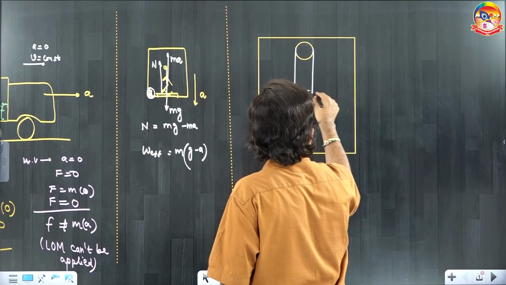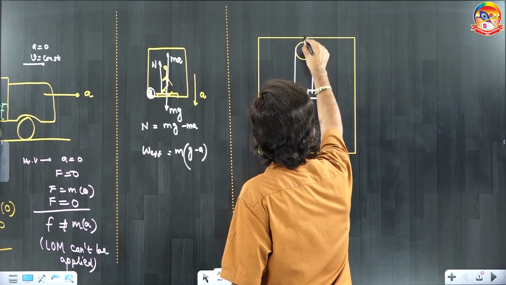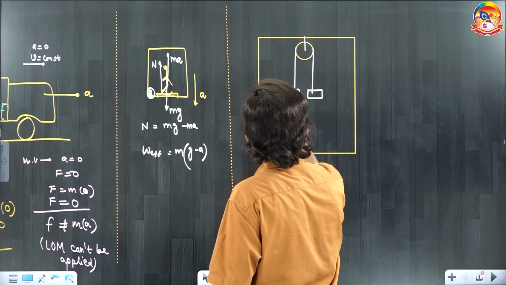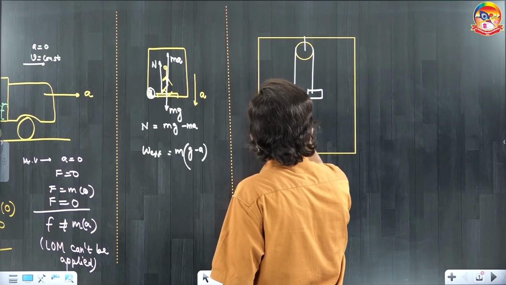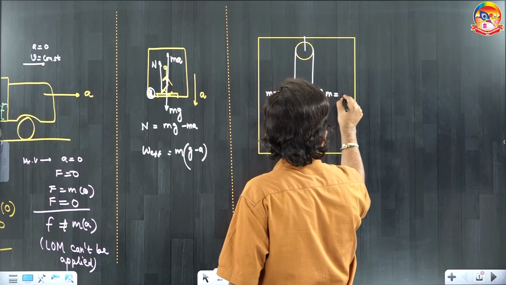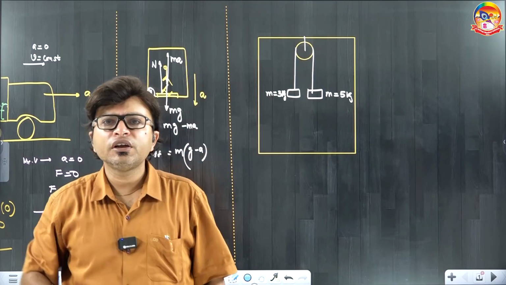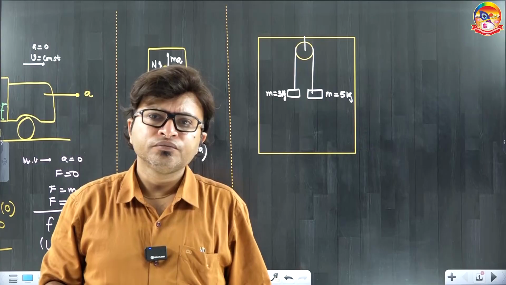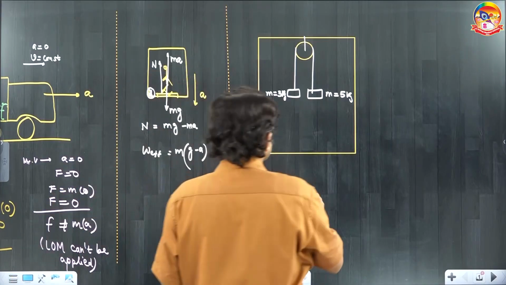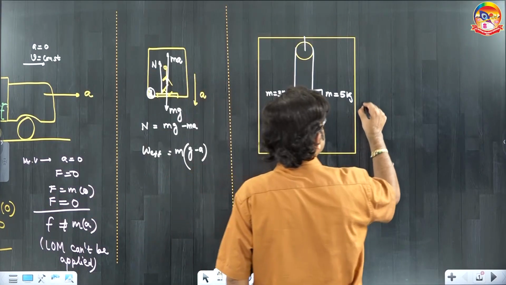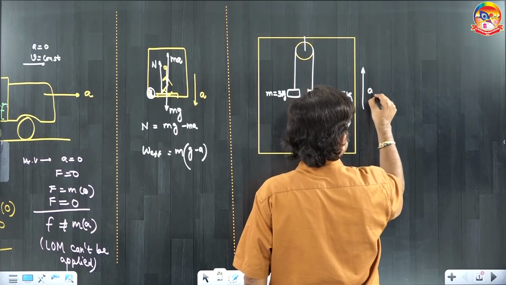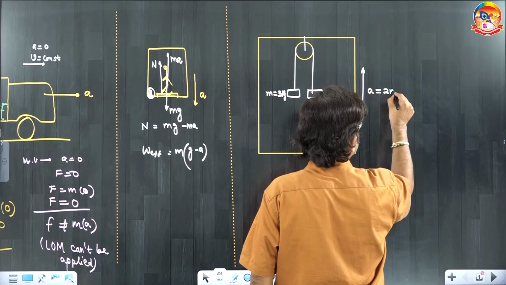This block is of mass 3 kg. This block is of mass 5 kg. I have to calculate what the acceleration is and what the tension is. Now, this lift is accelerating upward with an acceleration of 2 meter per second square.